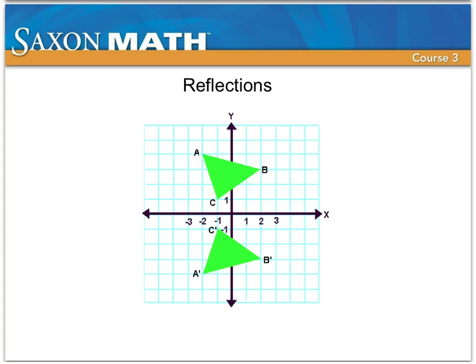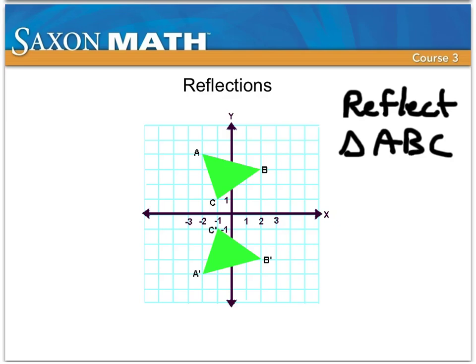Okay, A is 1, 2, 3, 4 away from the x-axis, and A prime is 1, 2, 3, 4 away from the x-axis. So, if I'm going to describe what we did here, we are reflecting triangle ABC over the x-axis.